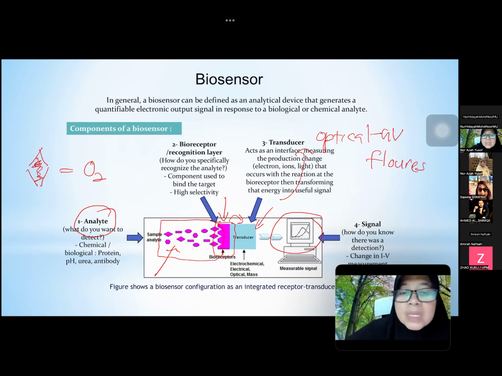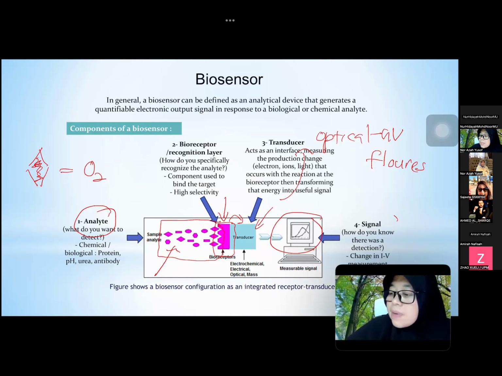What happens is when the oxygen interacts with the receptor, there are changes in terms of wavelength, colors, fluorescent intensity, which are detected by the transducer. It can also be an electrochemical technique, where the interaction between the analyte, in this case oxygen, and the receptor produces changes, and there is a current change, for example. So this is the basic that I discussed last week.